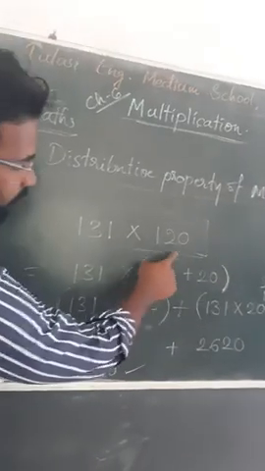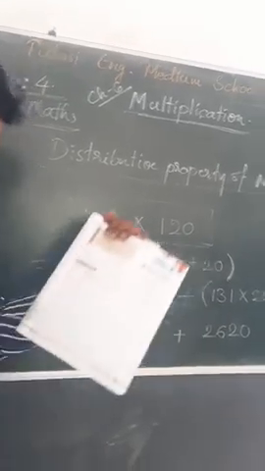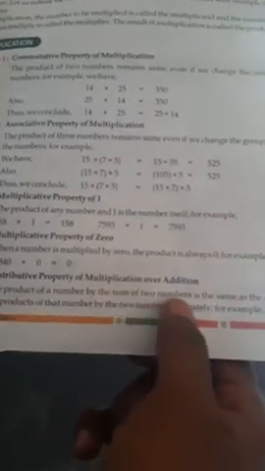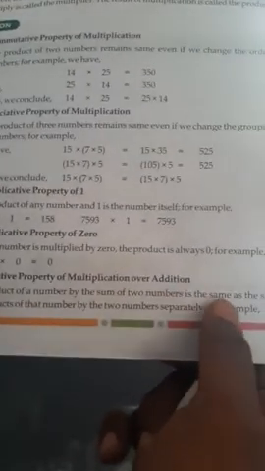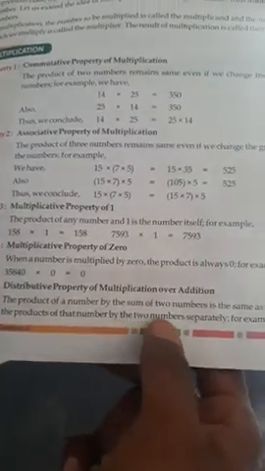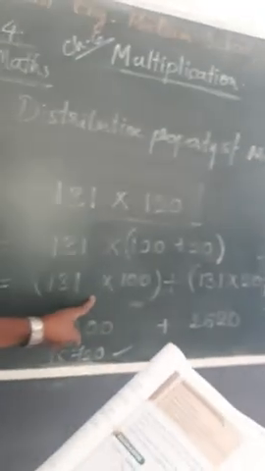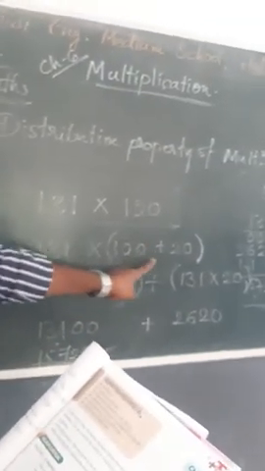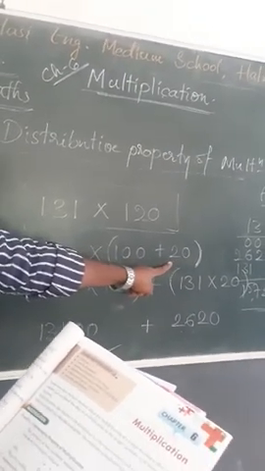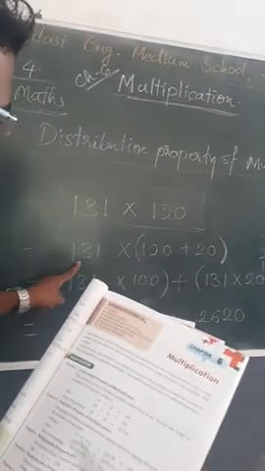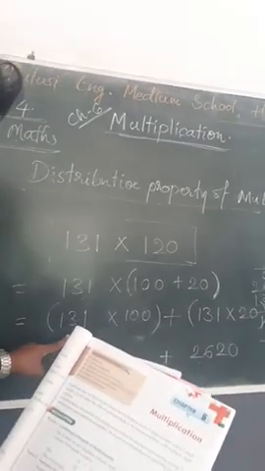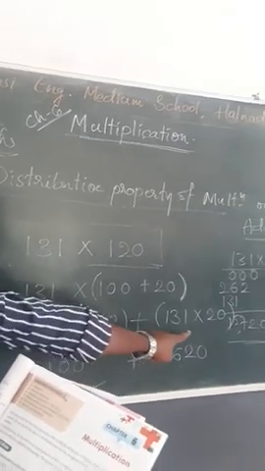Distributive property of multiplication over addition. Over addition because of this: the product of a number by the sum of two numbers is the same as the sum of the products of the number by the two numbers separately. 120, we made it as 100 plus 20 and then multiplied the multiplicand: 131 into 100 plus 131 into 20.